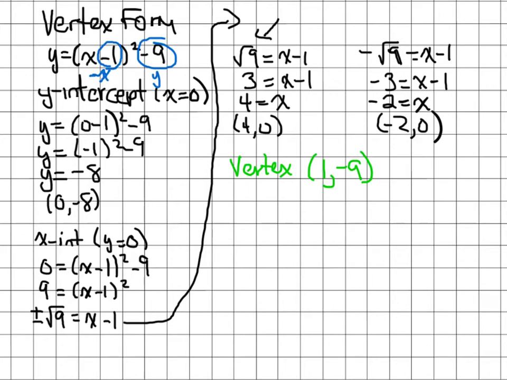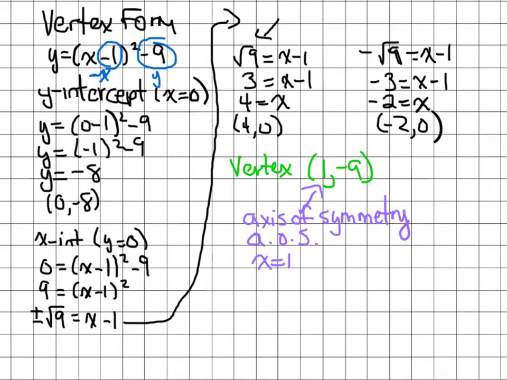And so now from our vertex, we can actually pick out our axis of symmetry, as well as our maximum or minimum value. So this is the axis of symmetry, or affectionately known as the AOS, which is x equals 1. Now this particular quadratic relation, it does open up. And how we tell is again at the very front of this.